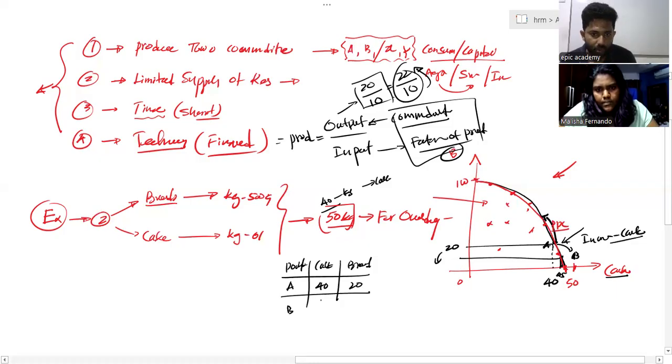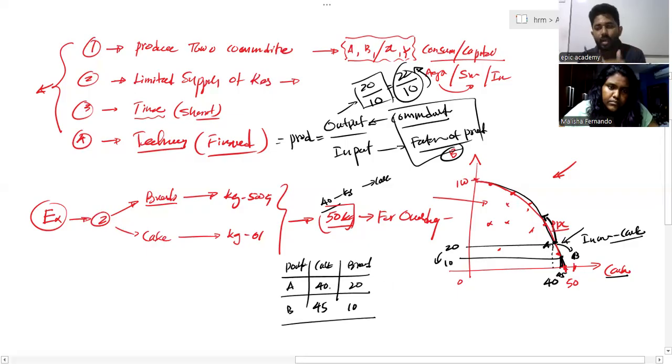If you produce 45 of cake, you have only 5 kilos of flour to produce bread. You can produce only 10 units of bread. So now you can identify, if you increase the production of one commodity, you have to sacrifice the production of another commodity.